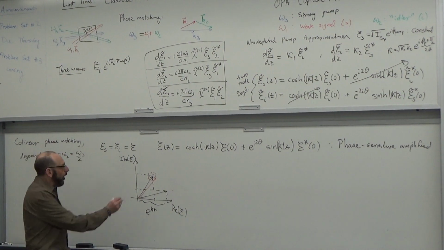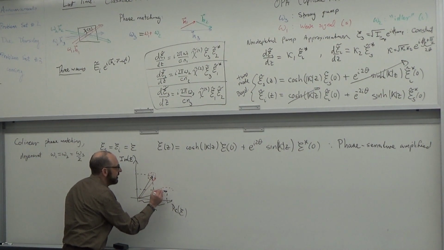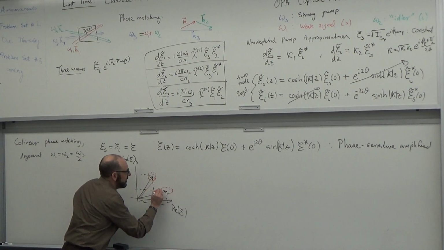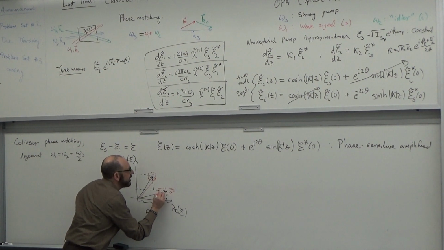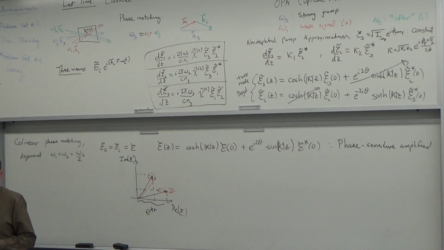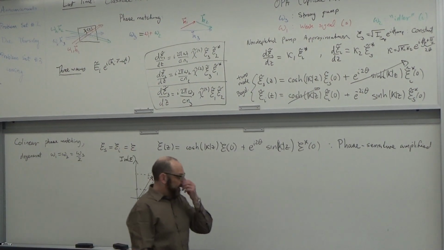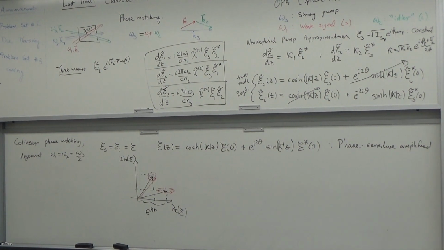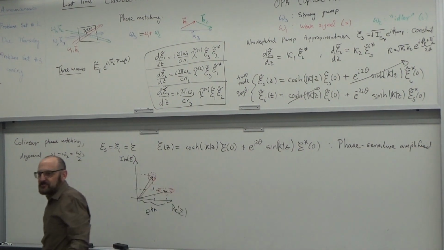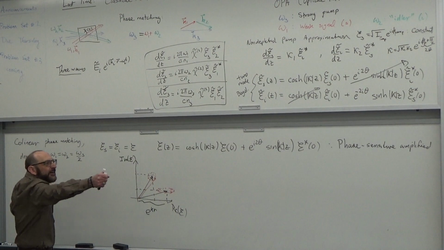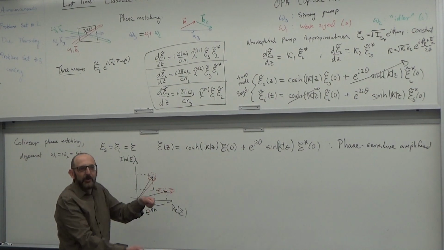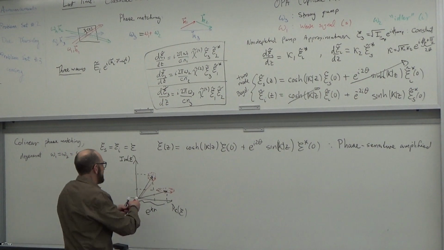All of these points will end up in some other distribution, stretched out in one direction and squeezed along the other. So it's clear that parametric amplification is associated with squeezing, because it's a phase-sensitive amplifier. Certain quadratures are stretched, anti-squeezed, and other quadratures are de-amplified, and this is squeezing.